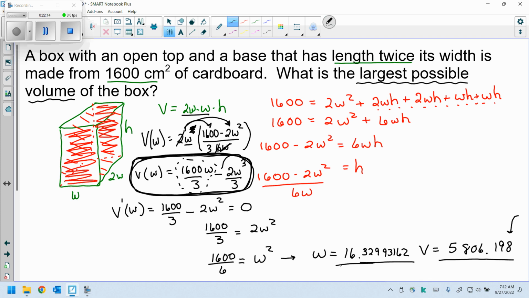Remember, when you are finding the volume, you've got to use all your digits for W so that you can get volume correct to 3 decimal places. So that's how we're going to use derivatives to find the optimization, the optimal values that we need to maximize or minimize quantities.